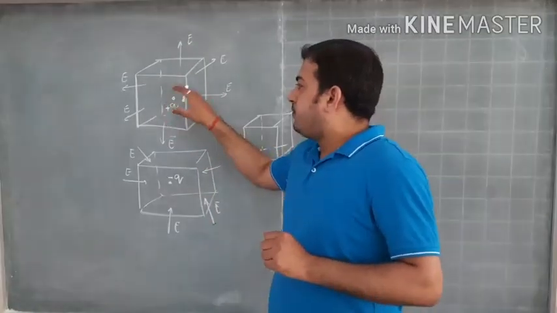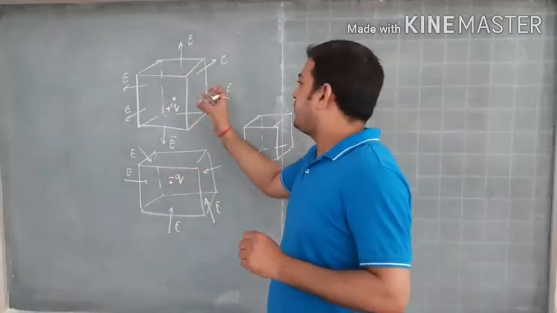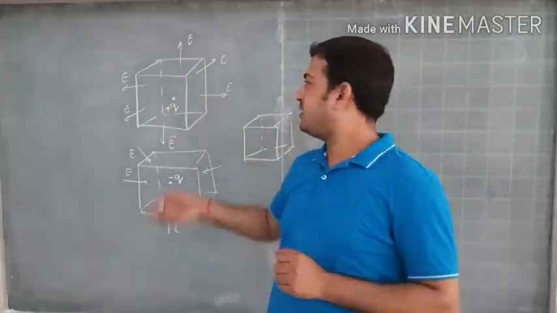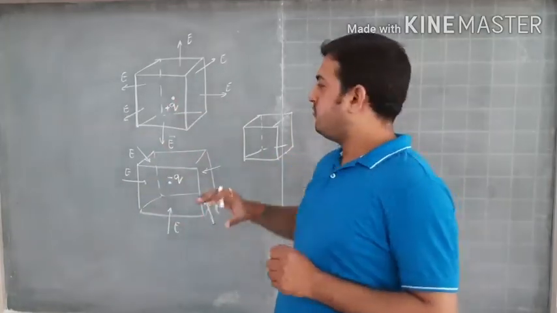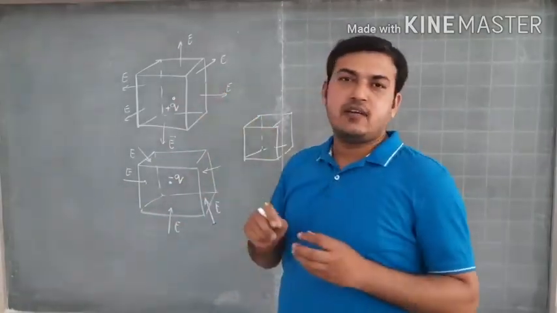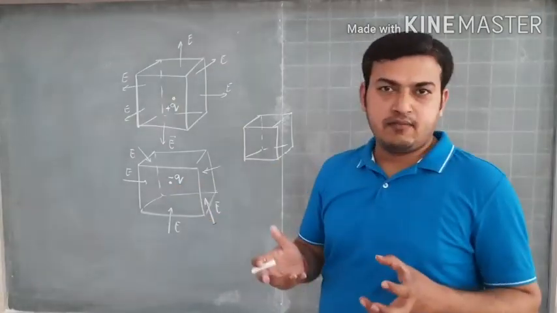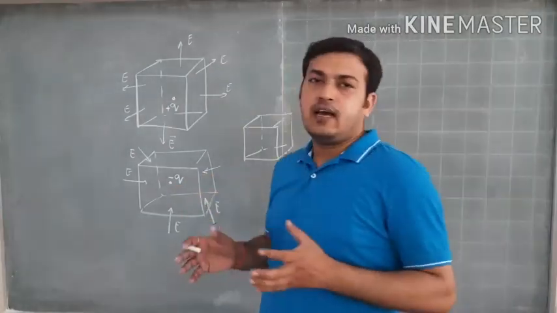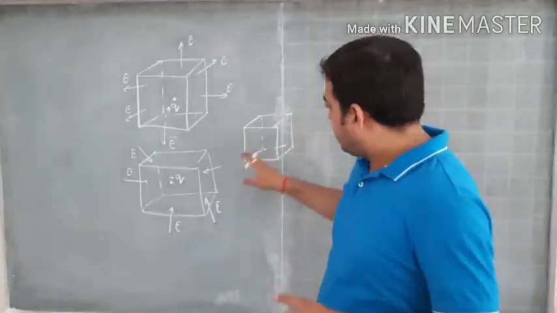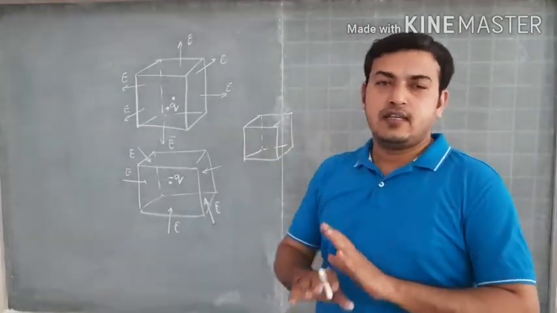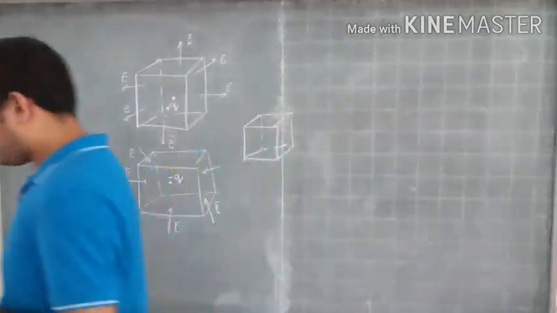So if a cubical body or any kind of body contains a positive charge, it has an outward flux. If it has a negative charge inside, it has an inward flux, and in case of no charge inside the body, there is no flux.